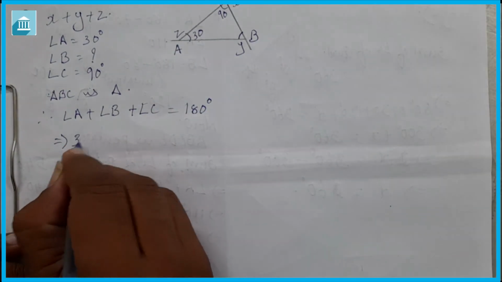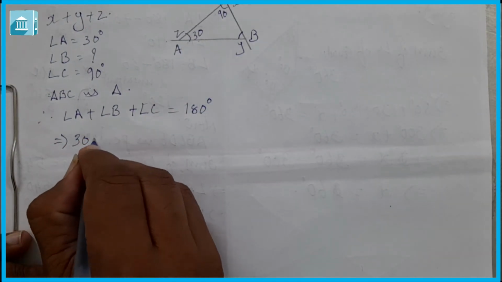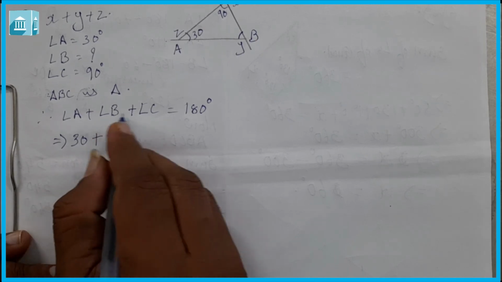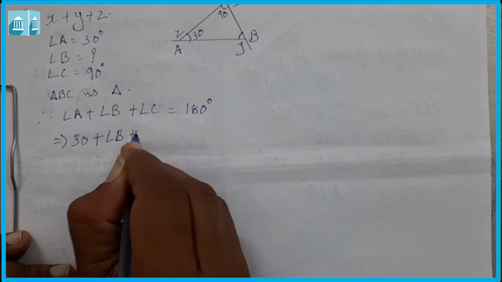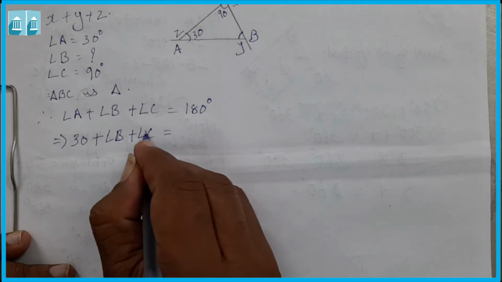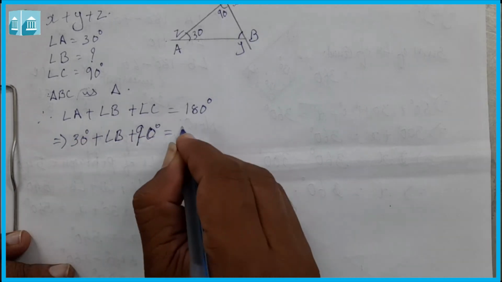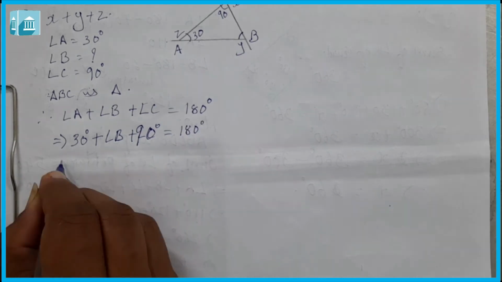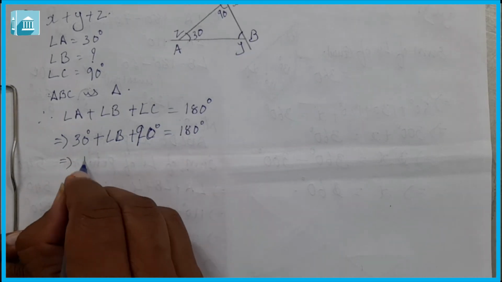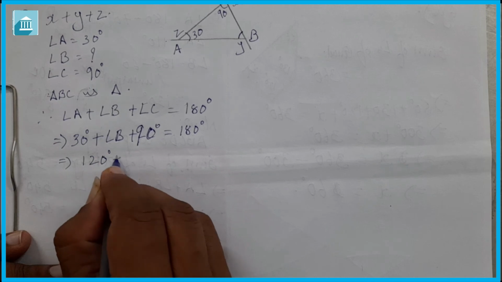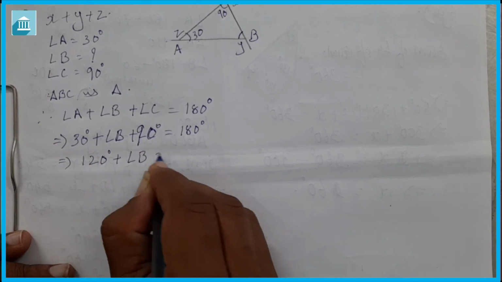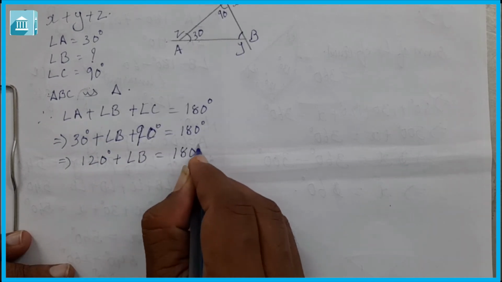Angle A is given 30 plus angle B plus angle C, which is given 90 degrees, is equal to 180 degrees. So 120 degrees plus angle B is equal to 180 degrees.